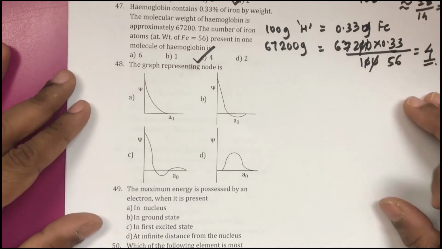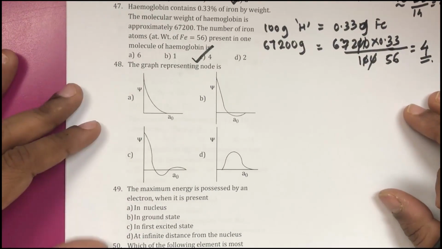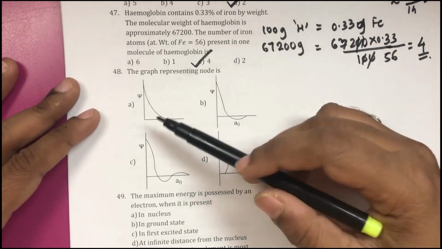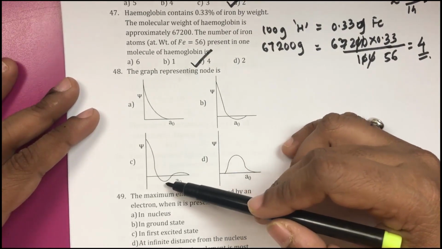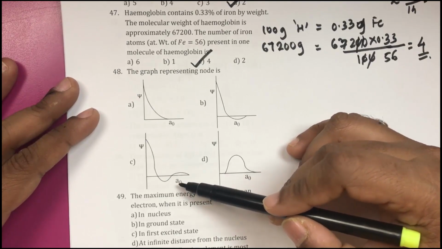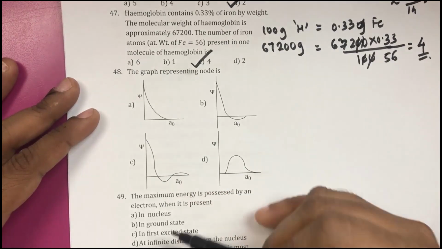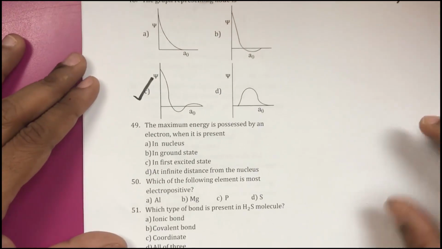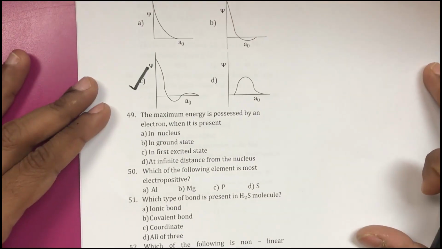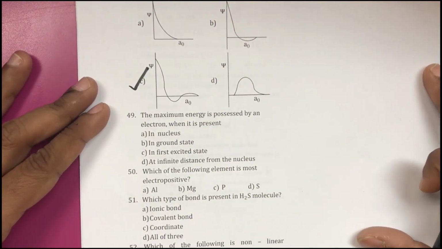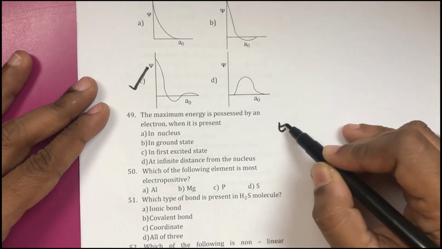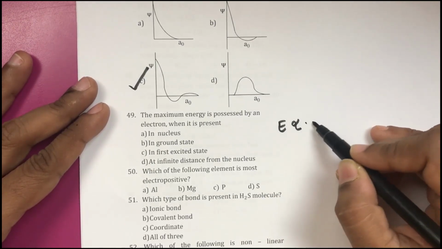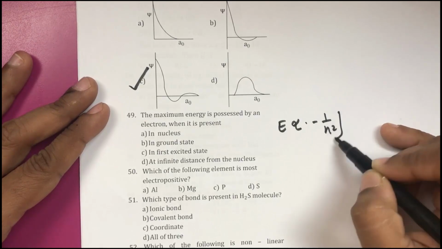Question number 48: the graph representing the node. The node is generally represented by the decrease in the value of psi and then a sudden increase as the distance changes. Therefore option C. The maximum energy possessed by an electron: we have an equation E is inversely proportional to 1 upon n square.